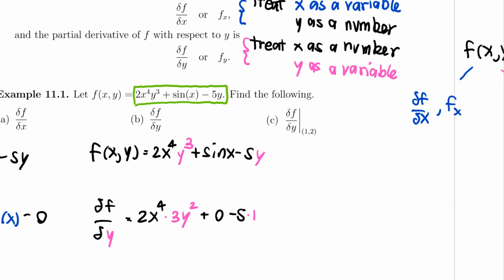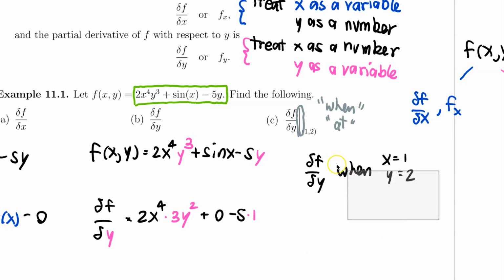And for the last part, I would like to find delta f by delta y with this vertical line. This is a mathematical notation for 'when' or 'at'. So what that means is I would like to find delta f by delta y at the point (1, 2). That means I would like to find the value of this partial derivative when x is 1 and y is 2.